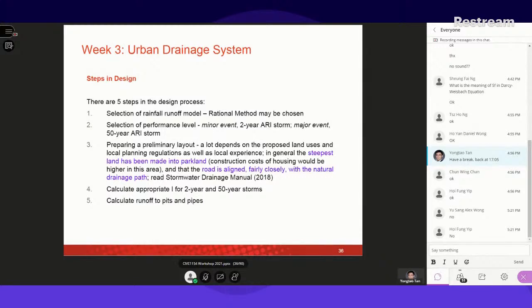Step 3, prepare a preliminary layout. Step 4, calculate the appropriate intensity I for the 2-year and 50-year storms, which you can get from the curve or table, and then calculate the runoff to each pit, and also the pipes.